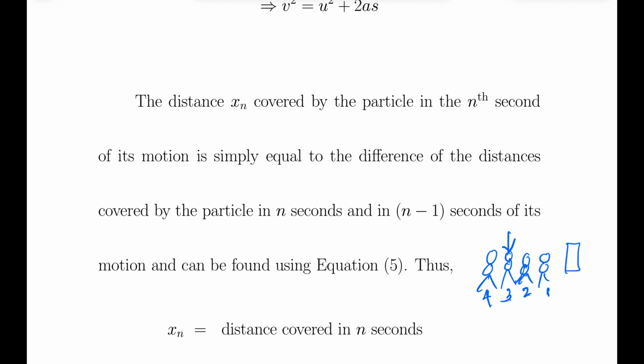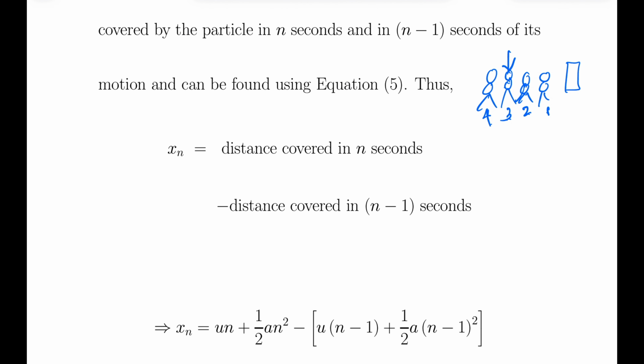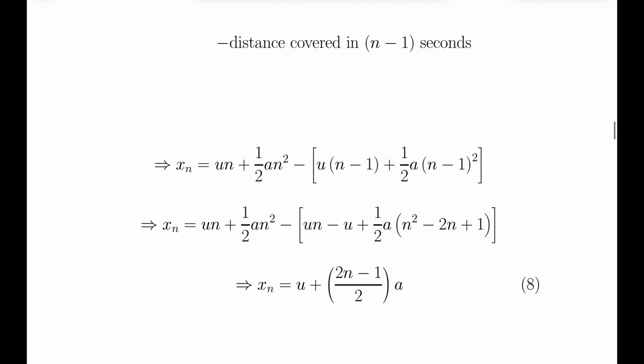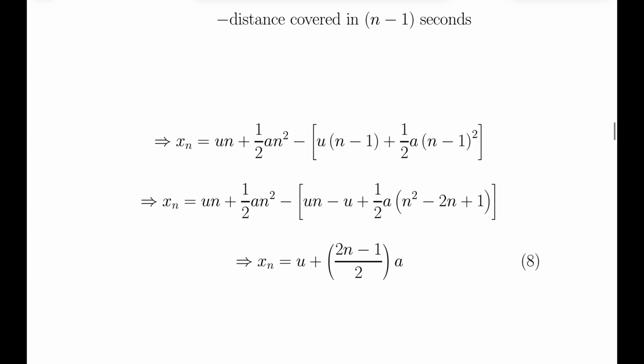So let xn be the distance covered in n seconds minus distance covered in n minus 1 second. Write the expression for distance covered in n seconds: un plus half an square. Recall that x equal to ut plus half at square.